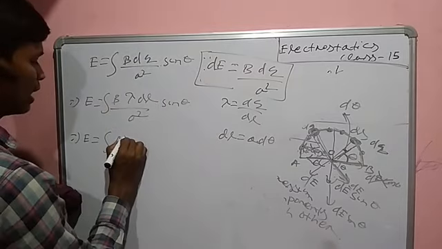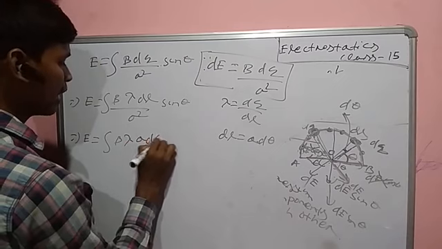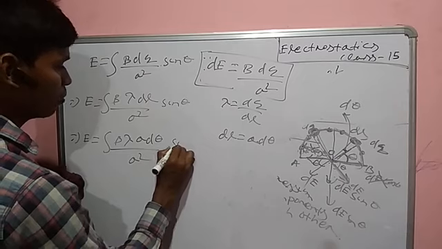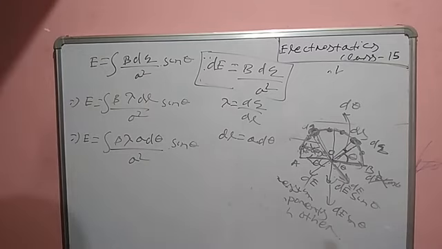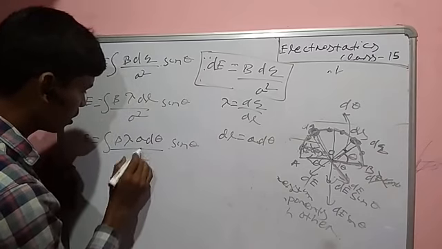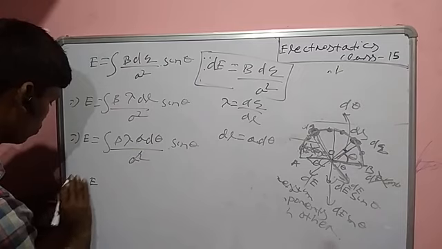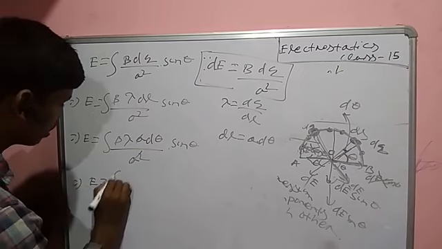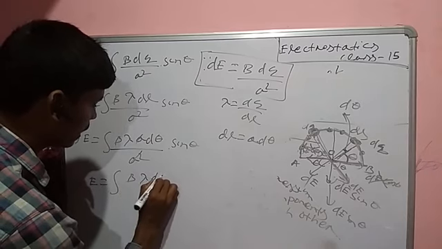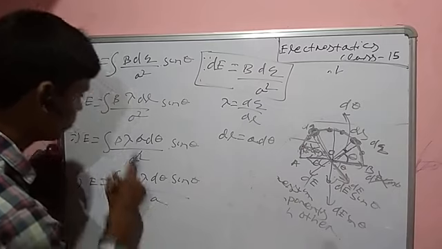Then instead of dl we can write a d theta by a square into sin theta. Yes or no? So a cancels, having E equal to the integration of k lambda d theta sin theta by a.